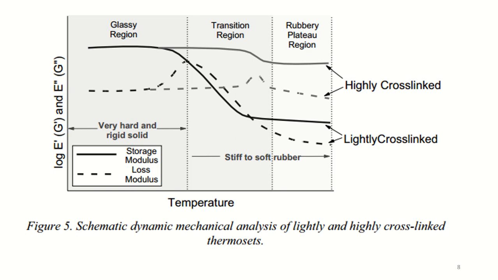A rubbery plateau region with stable storage modulus proportional to the cross-link density and low loss modulus and tan delta. This is Figure 5, which is a schematic description of dynamic mechanical analysis of highly and lightly cross-linked thermosets.